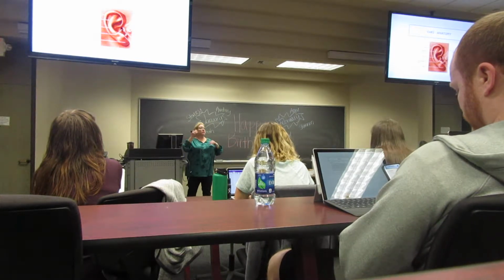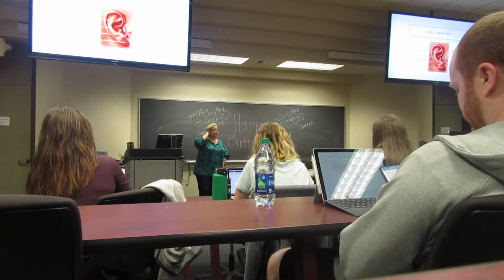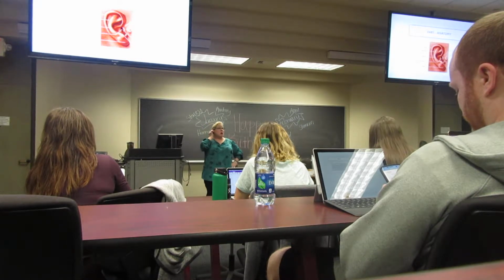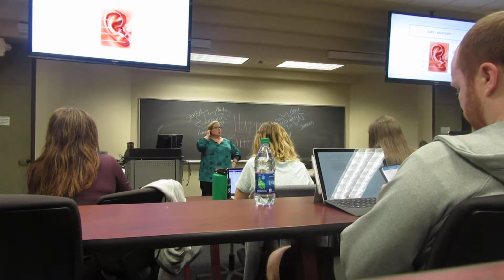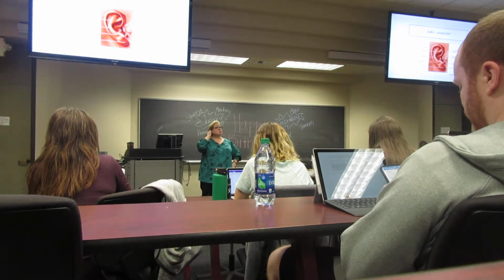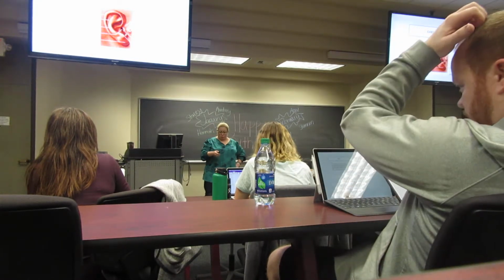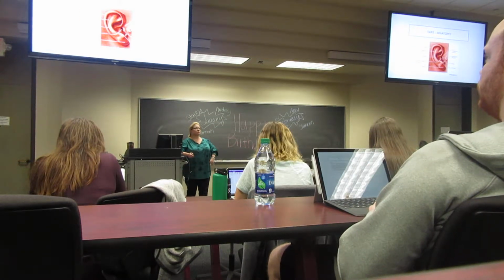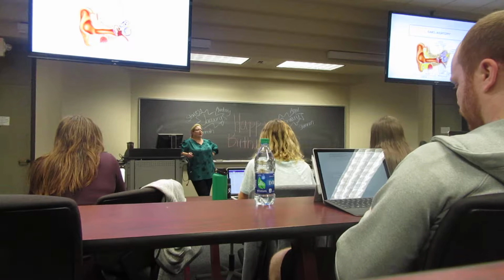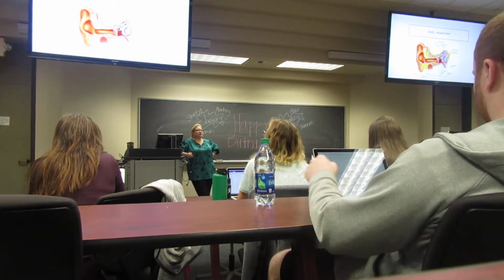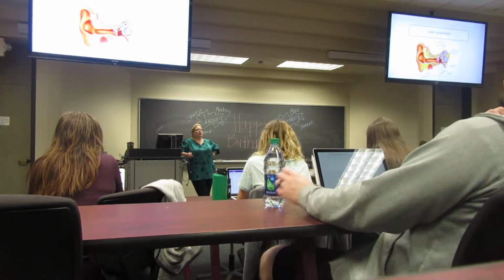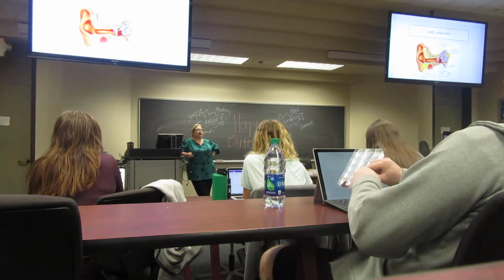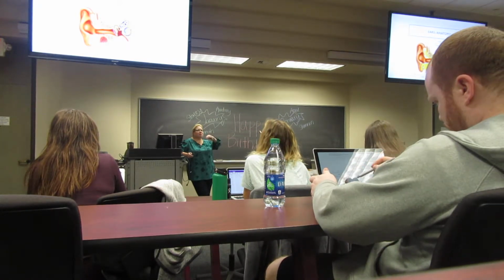I'd like you to know the helix, the antihelix, the lobe, the auricle, the tragus and the antitragus. I'd like you to be aware of what those anatomical positions are. And here is a diagram of the outer ear, the middle ear, and then the inner ear.